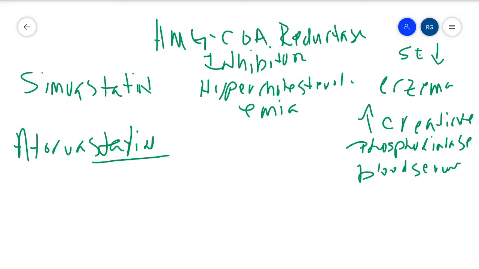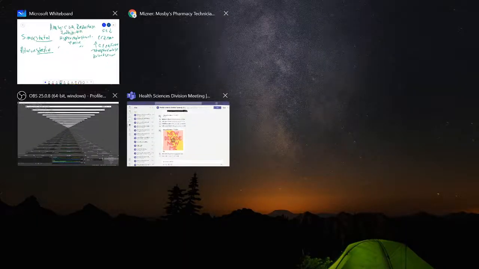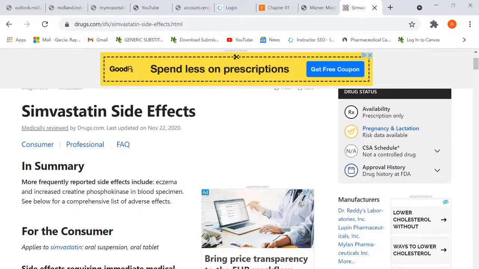And look at how they end: statin. So HMG CoA reductase inhibitors end in statin. Atorvastatin is for hypercholesterolemia. And let's look at the side effects here.